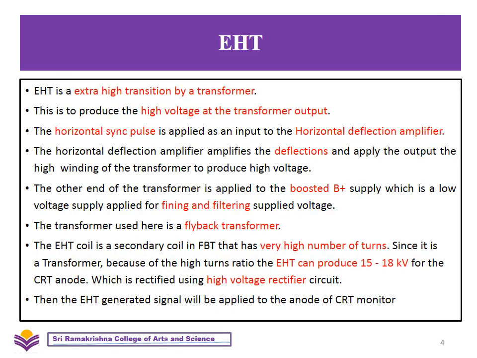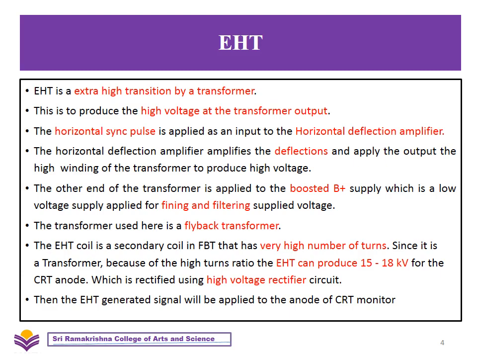In this slide, I have given an explanation for the circuit diagram shown in the previous slide. EHT is extra high tension, which is generated with the help of a transformer to produce a high voltage at the output of your transformer circuit. The input to the horizontal deflection amplifier is a sweep generated signal obtained at the output of the horizontal oscillator.